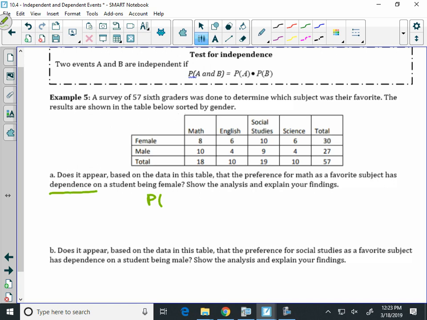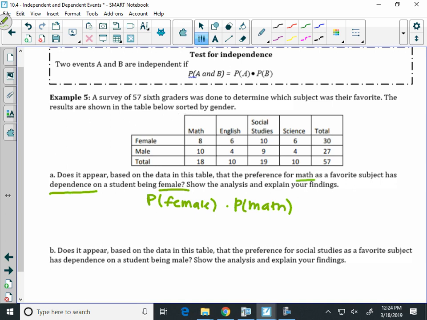What are we looking at in that scenario? What is it? Yeah, female. Whether a female likes math. So what we're going to do is multiply those two probabilities together. Those are the two things we're trying to determine, if math is a favorite subject based off being female.